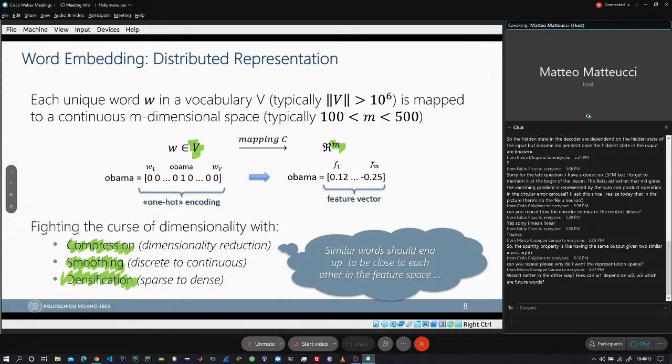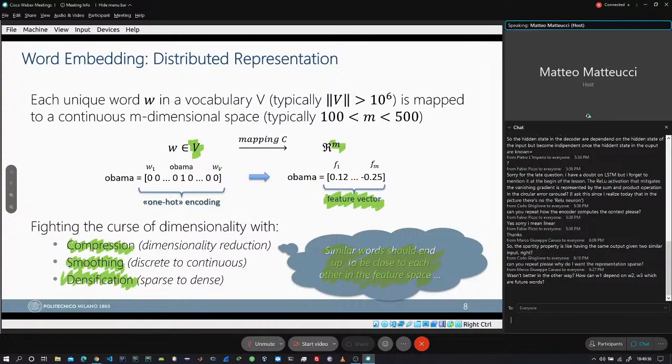The overall goal is that similar words should end up close to each other in this feature space. So basically the word Obama should end up close to the word president.